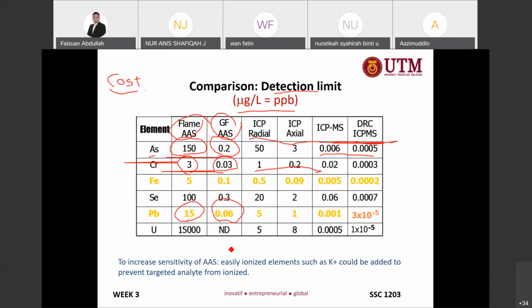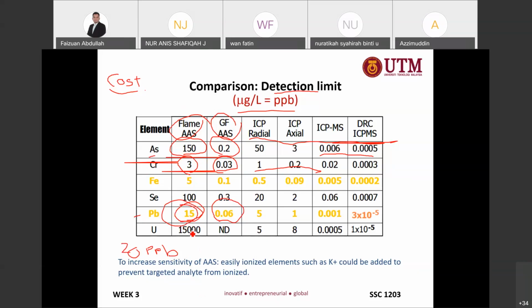So if we know that our sample has a high concentration, for example 20 parts per billion and above, it is just suitable to use flame for lead.